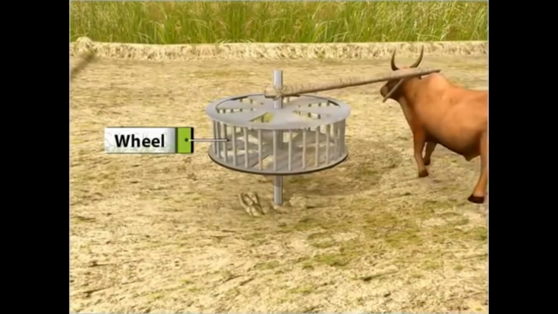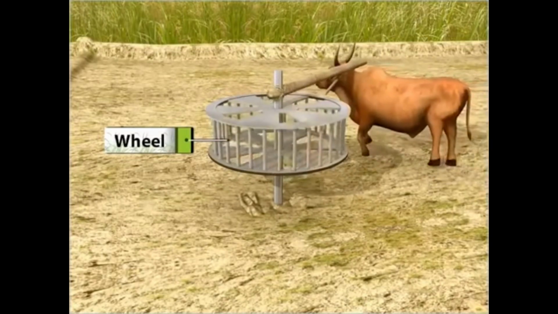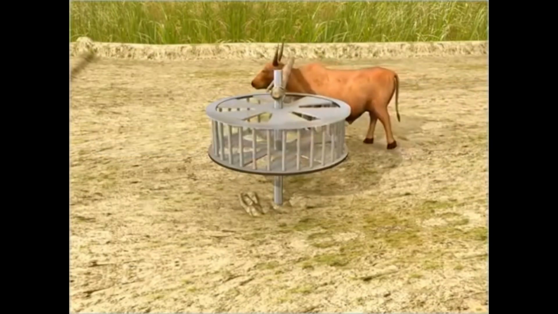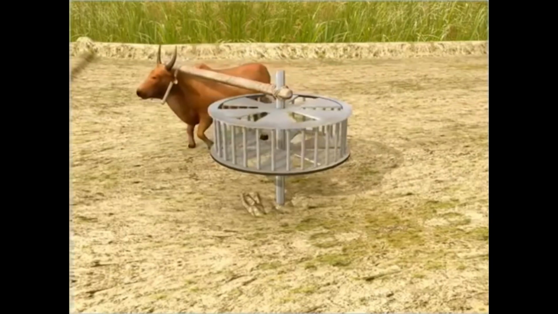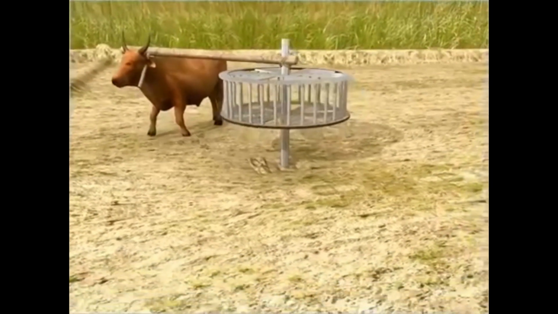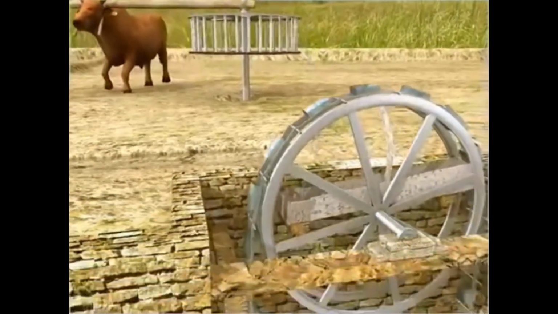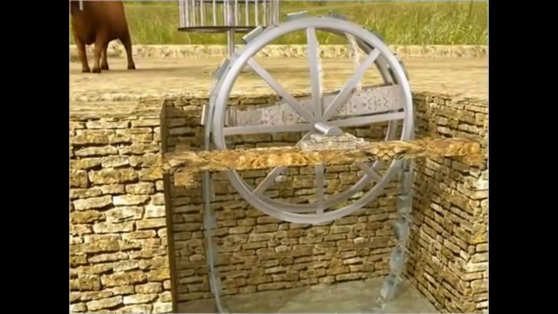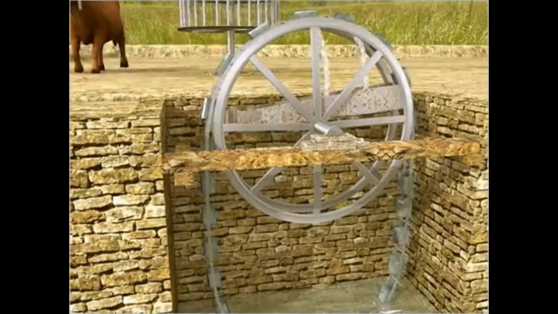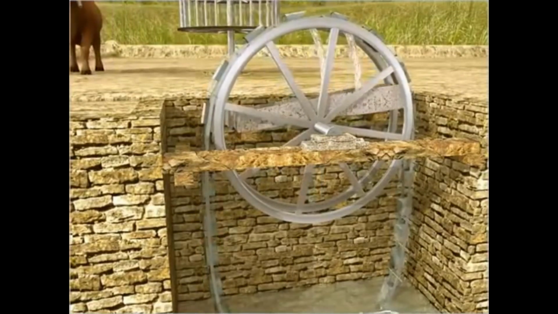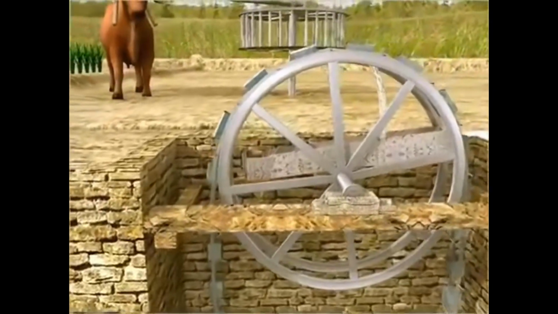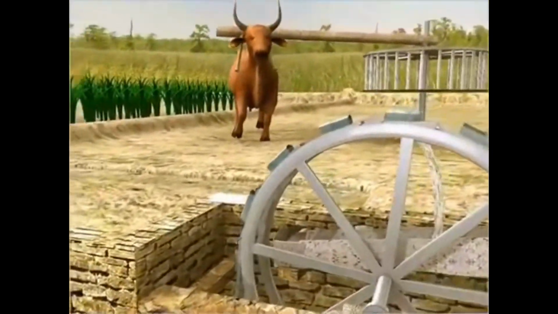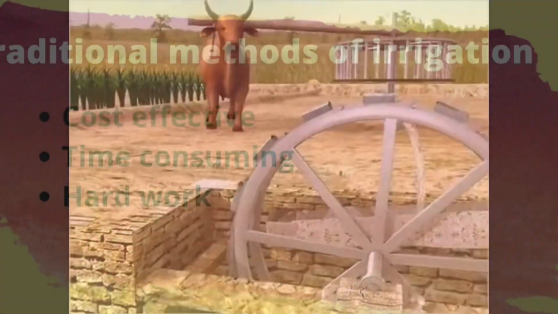As the animal moves in circular motion, the horizontal wheel comes in motion, which causes the movement of the vertical wheel which is dipped in water. The buckets, as they enter into the water, get filled with water, and as the wheel continues to move, the buckets get emptied into the channel and the field is irrigated.